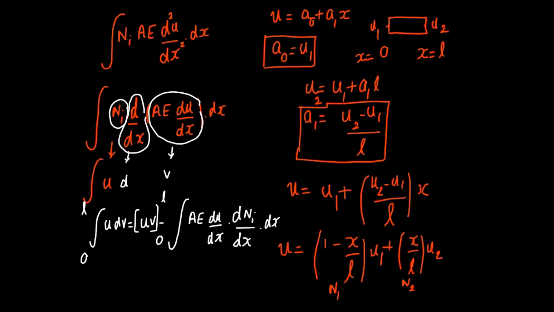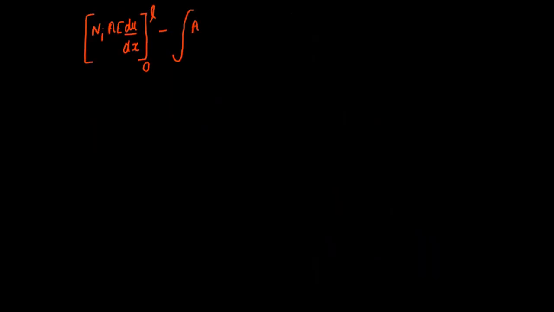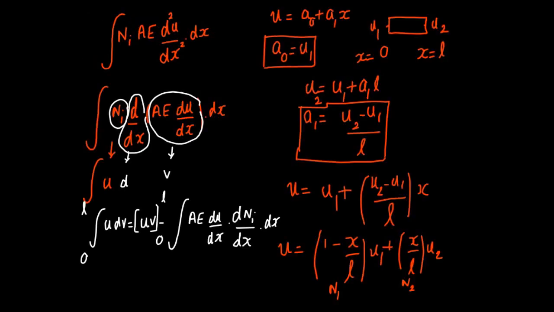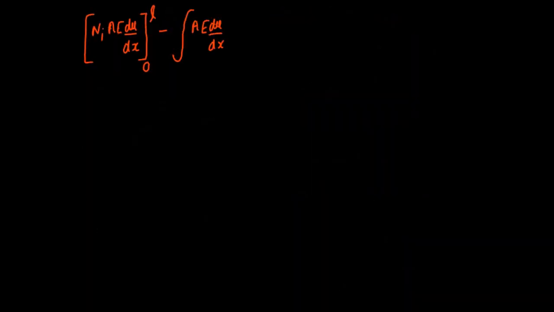What is v? It's AE into du over dx, into dNi over dx into dx.